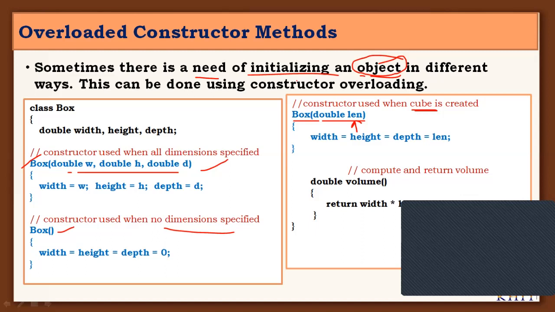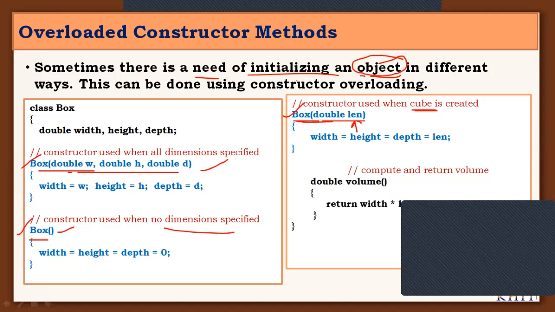So here we are creating many constructors with the same name, but the definition is different for all these constructors. This first definition contains the box with three parameters, the definition of this constructor has no parameters, and this is the constructor with one parameter.